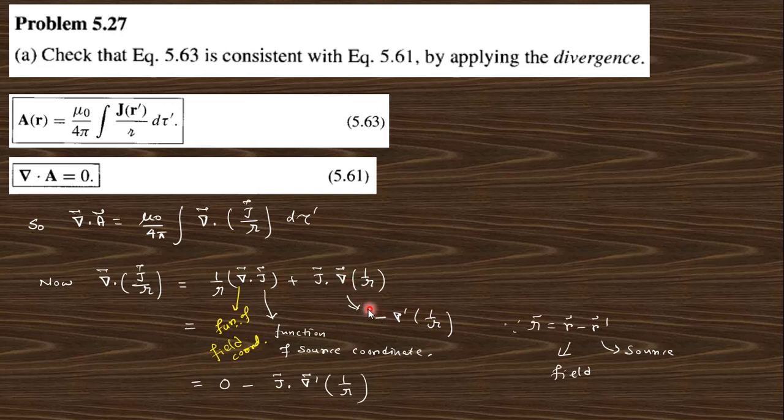This can be written as minus this one, because there is a negative you can see here: one is the field coordinate and the other is the source coordinate. So putting this value you will get this one.